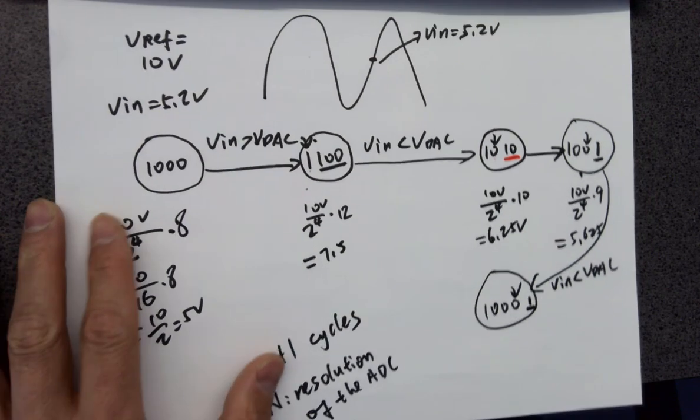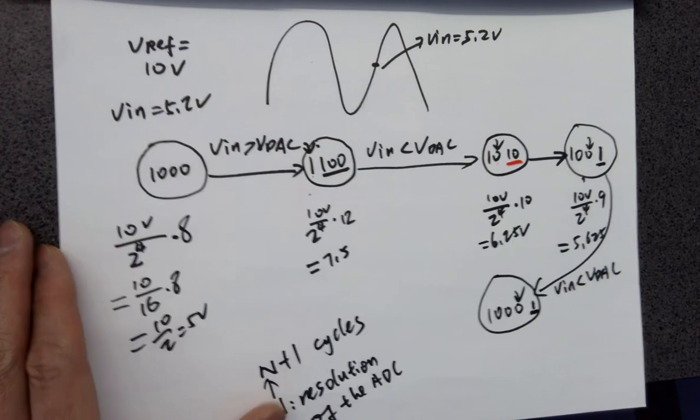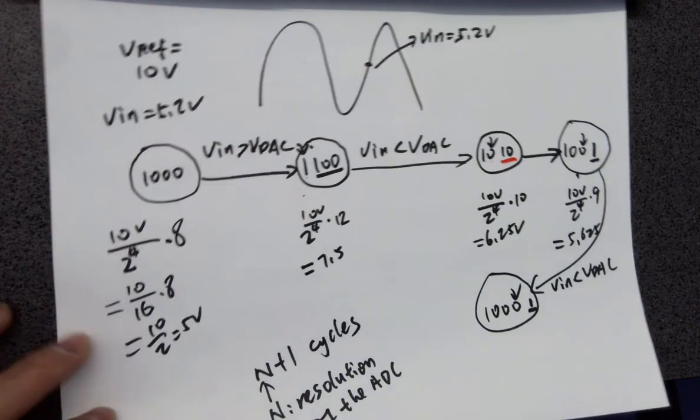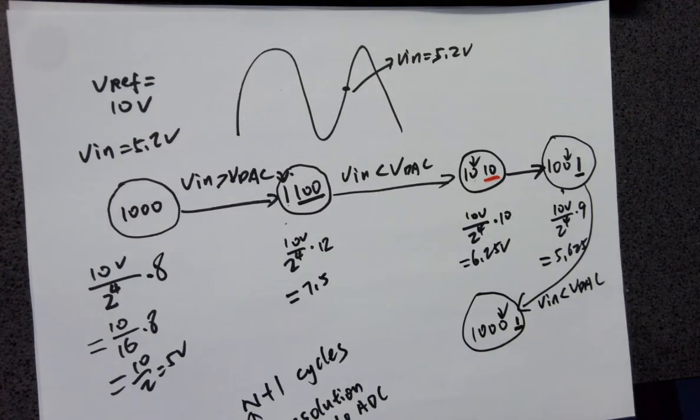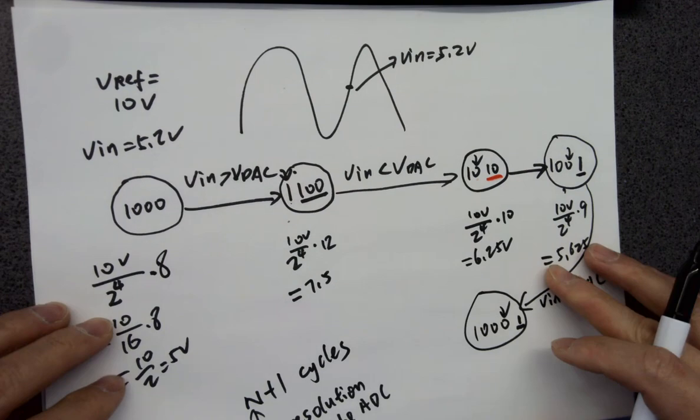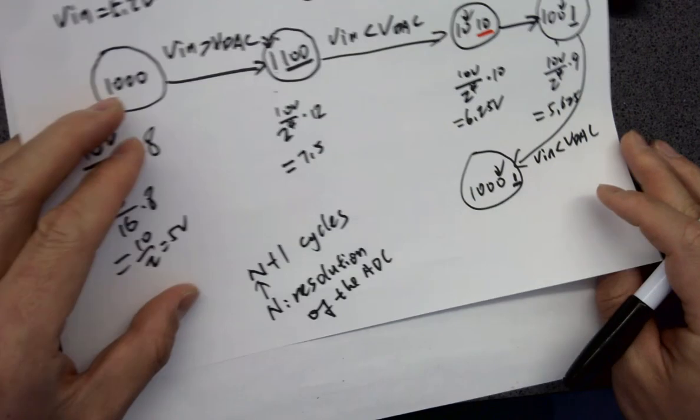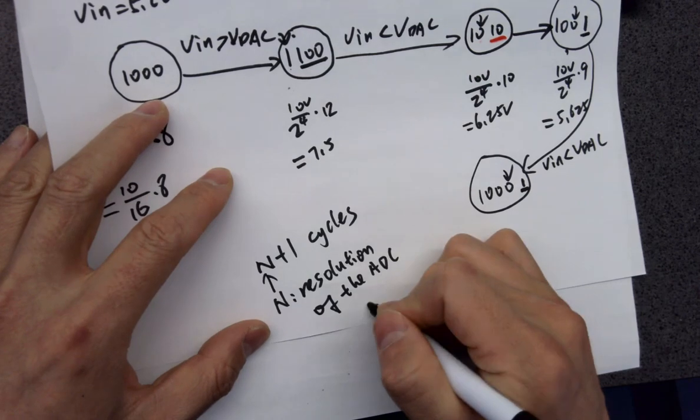You want to try a different number here? Let's try a different number, okay? So this time I'm going to let you tell me the comparison results in SAR code after each step.